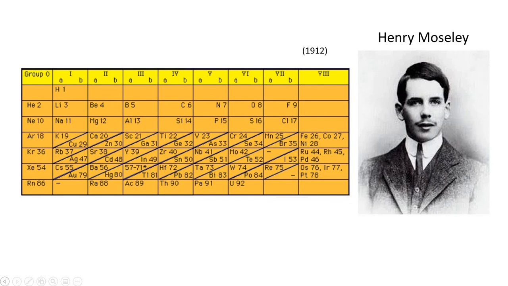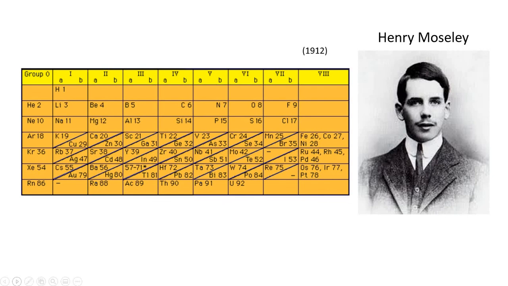In time, a young man by the name of Henry Moseley realized that that didn't work very well. There were times when things didn't follow that pattern, where the atomic mass put things in the wrong order of where things really should be based on how they acted.